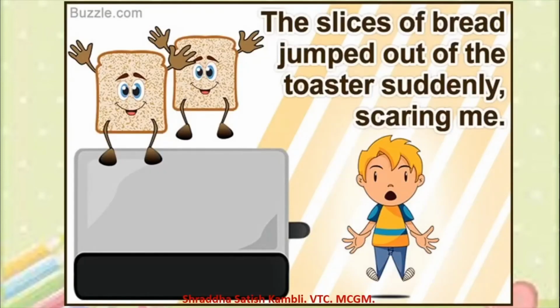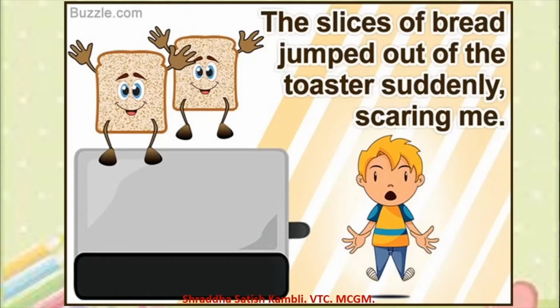Let us look at some examples now. The slices of bread jumped out of the toaster suddenly, scaring me. So can this happen, children? Can the slices of bread jump out of the toaster by themselves? No. And why did he get scared? Maybe he must have been thinking about something else. Now what do you do to slices of bread?